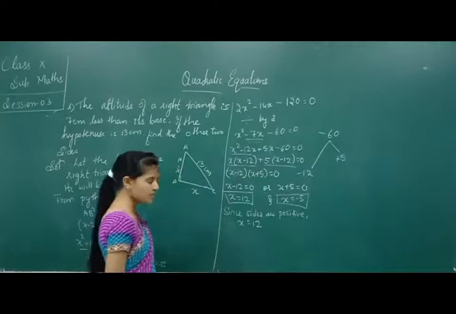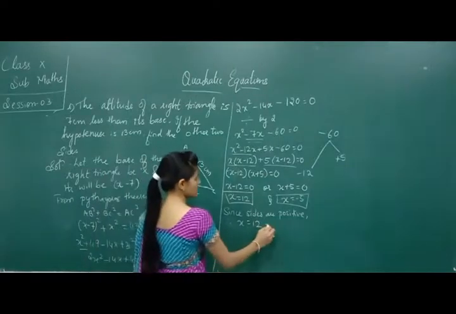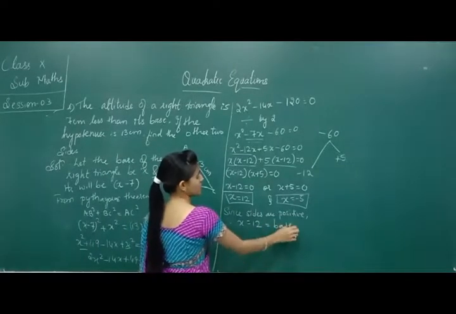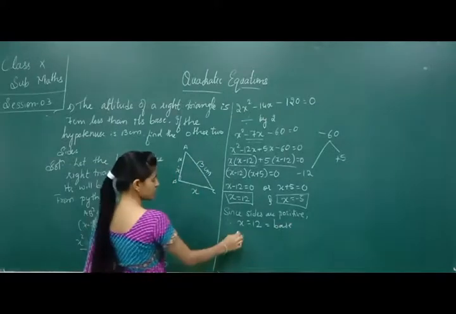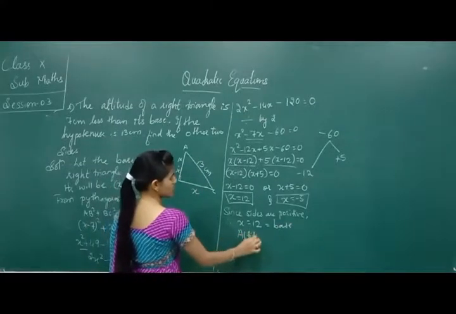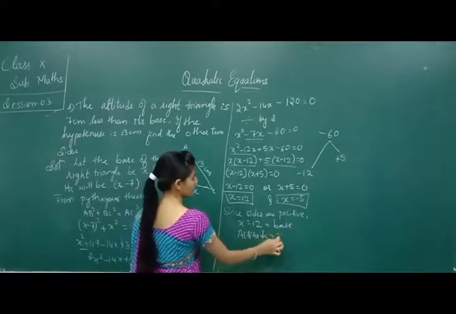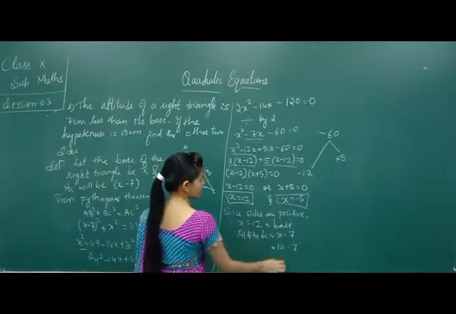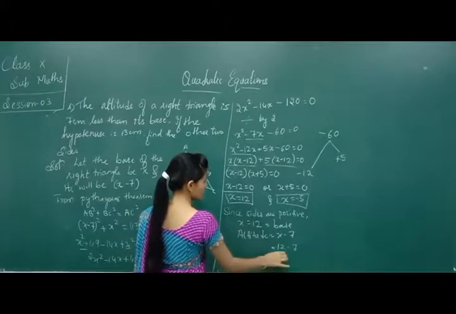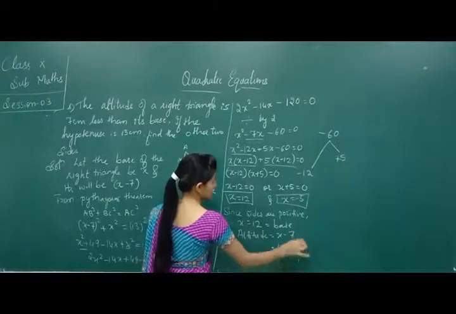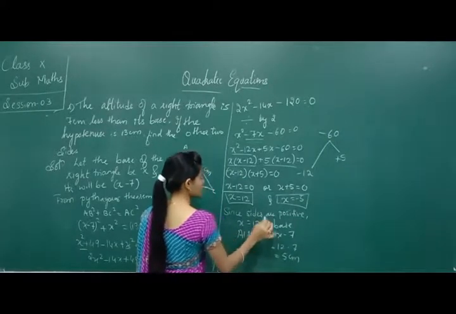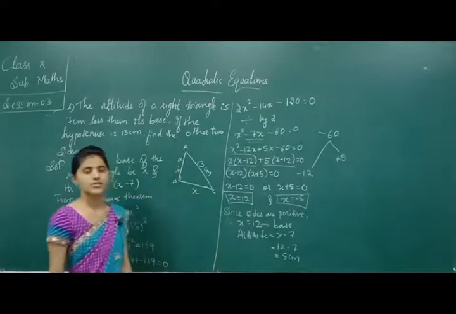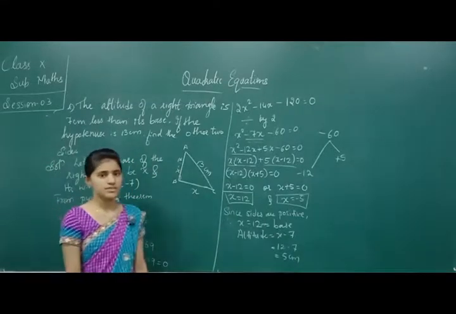That is the base of the triangle. What about the altitude? Altitude we have written as x minus 7, nothing but 12 minus 7, which is equal to 5 centimeter. Base is 12 centimeter and altitude is 5 centimeter.